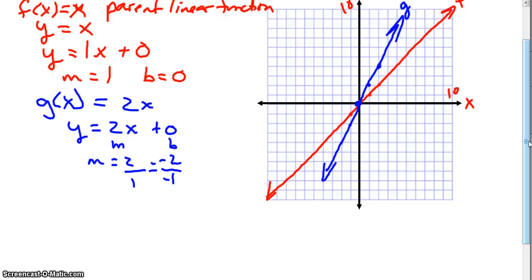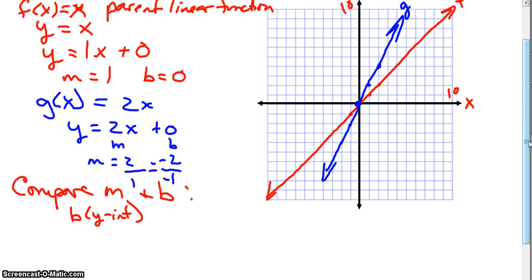So we're going to compare those, m and b, okay? So let's start with the easier one, I think, here, b, which is your y-intercept. How do the y-intercepts compare in this set of functions? Madeline? They're the same. They both have 0, 0, the point of origin, as their y-intercept.